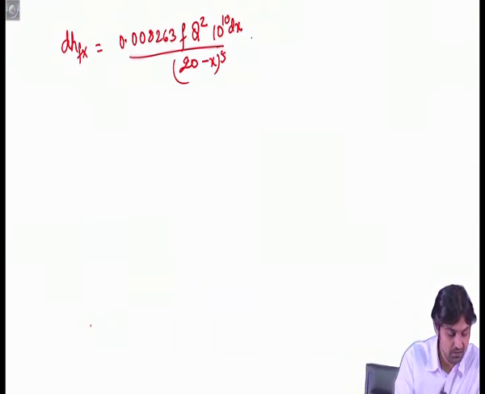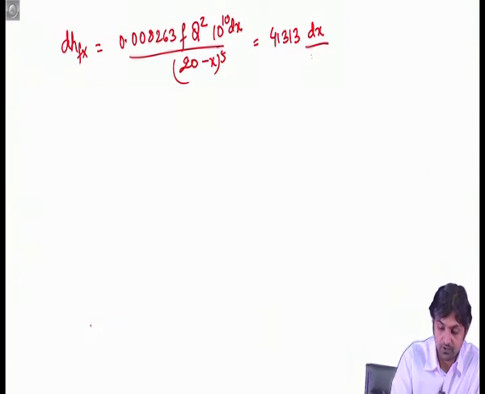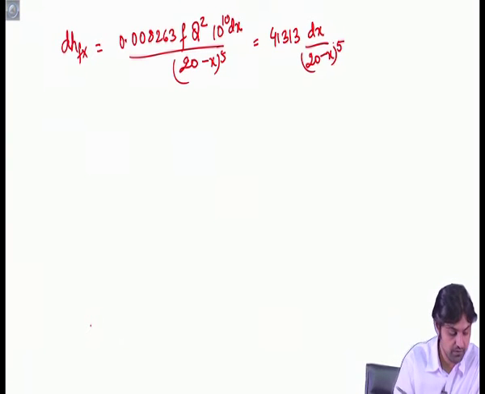Okay. This will be, if you calculate, 41313 into dx by 20 minus x to the power 5.